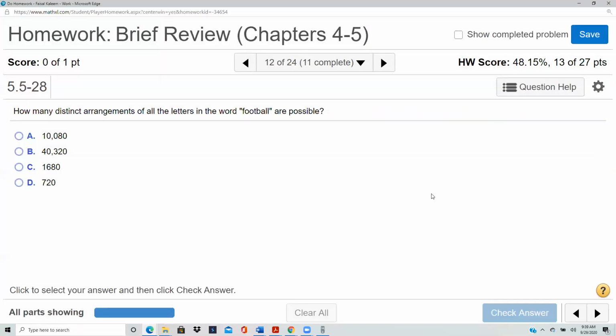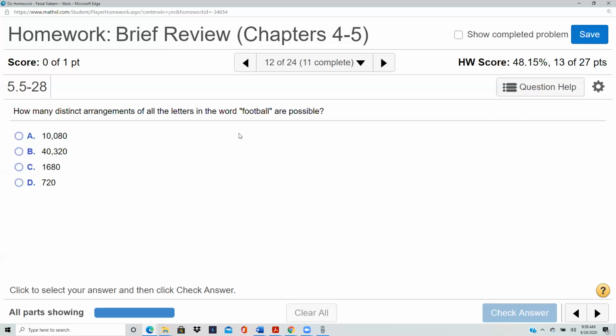How many distinct arrangements of all the letters in the word football are possible? So do you remember the technique in this kind of problem? We would count the letters. How many are there? 8.